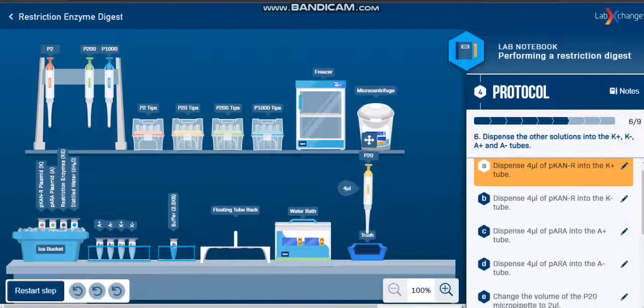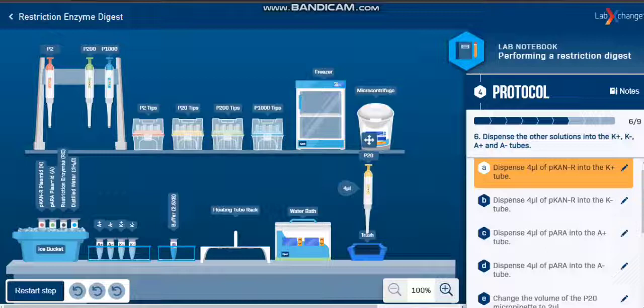Step 6. Dispense the other solutions into the K plus, K minus, A plus, and A minus tubes. Dispense 4 uL of pK solution into the K plus tube.